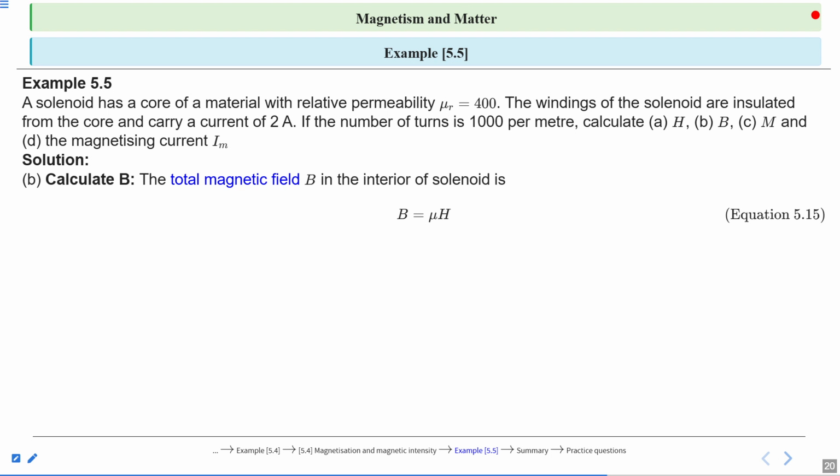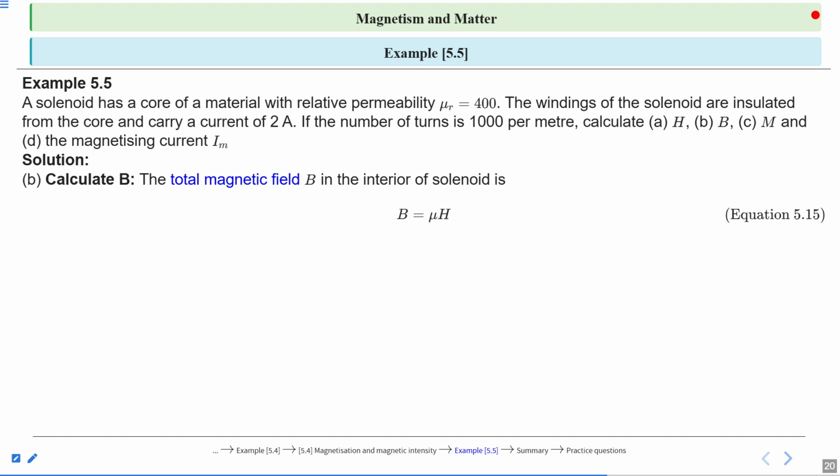This is one of the formulae. B equal to mu naught in bracket H plus M is another one. Another formula we have also discussed is B equal to mu naught mu r H, and eventually B equal to mu H from equation 5.15.